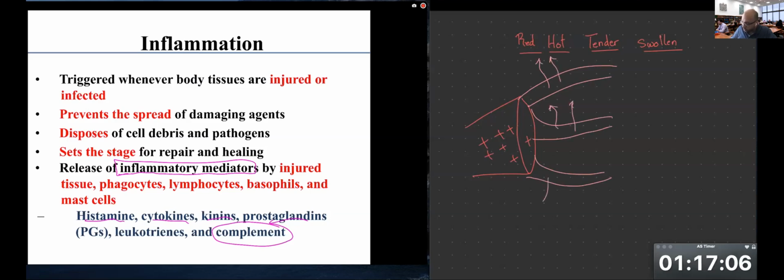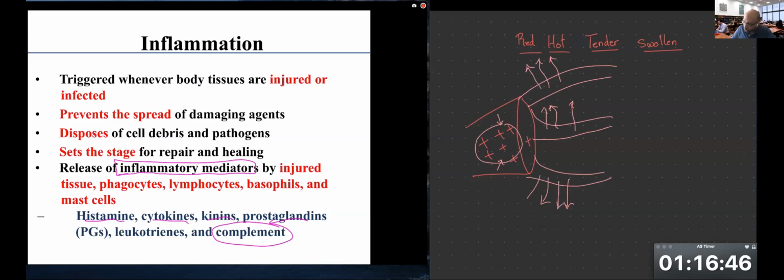What is the driving force for the fluid to leave the capillaries and travel between the cells? It is the hydrostatic pressure they gain from the arterioles. So if I'm increasing the hydrostatic pressure by dilating the vessels, this allows more fluid to travel.